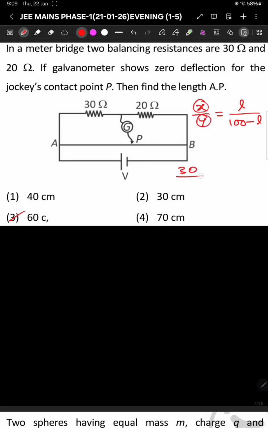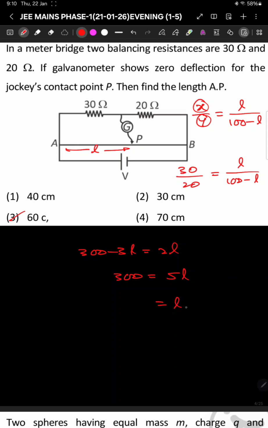So left resistance 30, right resistance 20, equal to L by (100 minus L), where L is the balance length from the left. If you simplify this, 300 minus 3L equal to 2L. So 300 equal to 5L. So the L value will be 60 centimeters.